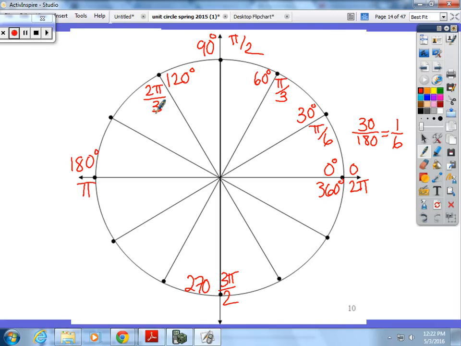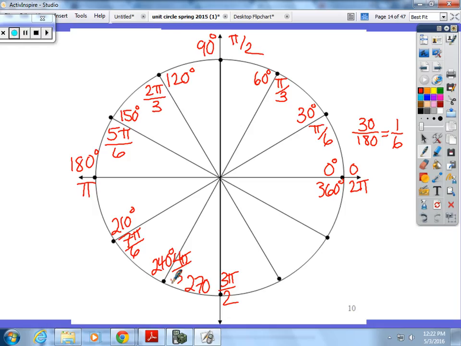And this is 150 degrees. So we've got 1, 2, 3, 4, 5 pi over 6. And then as we go up, this is 210 and 240. So this is 7 pi over 6. And this was 5, 6, 7, 8 pi over 6, 4 pi over 3.